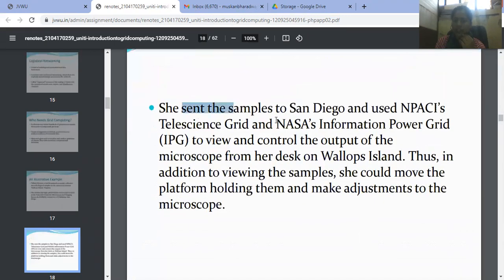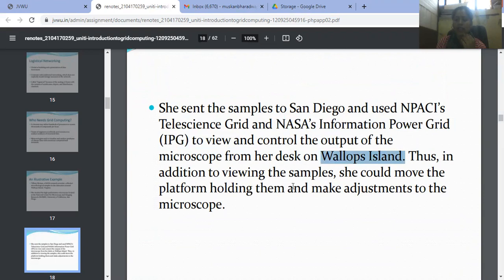She sent the samples to San Diego and used the science grid and information power grid to view and control the output gathered from the microscope.